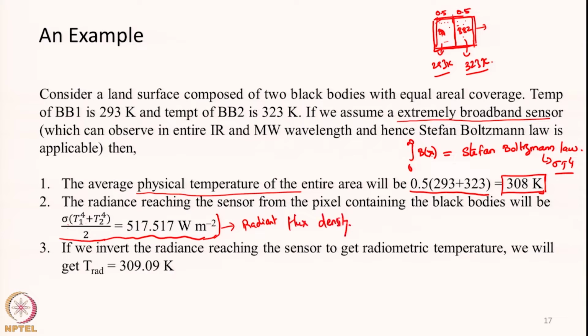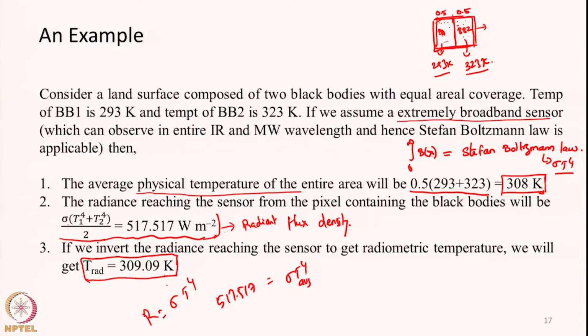Now, if I divide this by pi to convert it into radiance and substitute it back into this equation, R is equal to sigma T power 4, then the radiometric temperature that we will be getting will be 309.09. So, if I use this value to calculate T average, the T average will be 309.09 Kelvin.